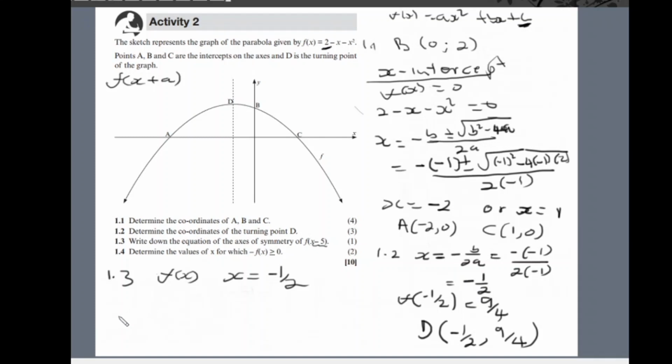So the equation of the axis of symmetry of f of x minus 5 will be x equals minus 1 over 2 plus 5, because I'm shifting the graph of f 5 units to the right, right? So x will be 9 over 2, the equation of the axis of symmetry for this function, right?